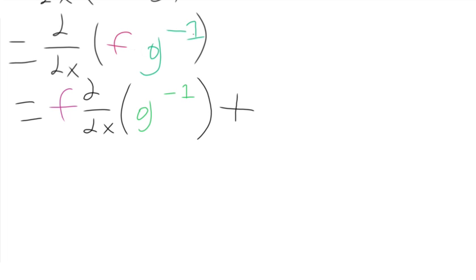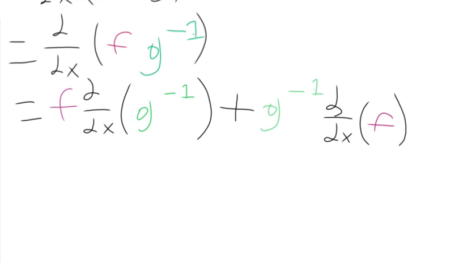You get the idea. Then for the second term in the product rule, we keep the second function, so that's going to be g to the negative 1 power, and then we multiply it by the derivative of the first function. So we'll put down d/dx of f.